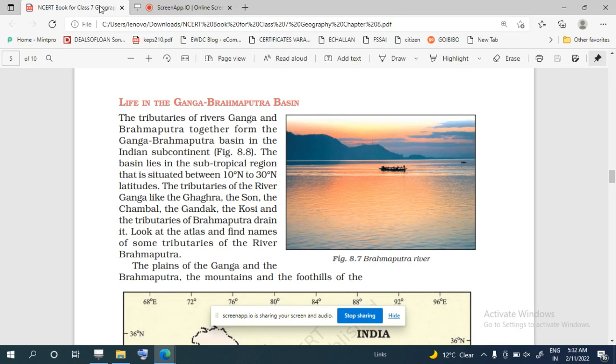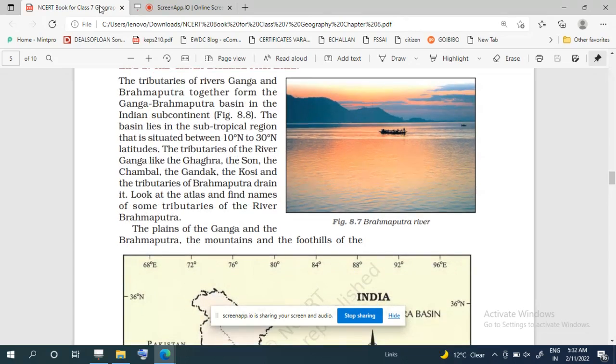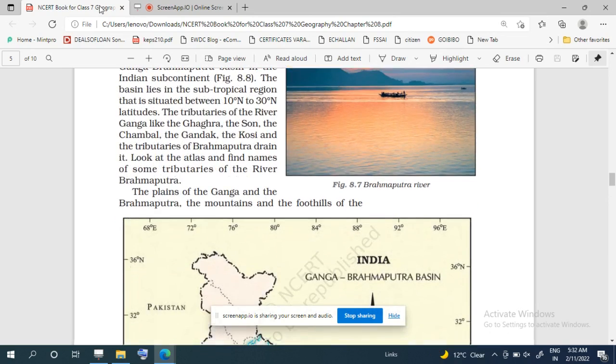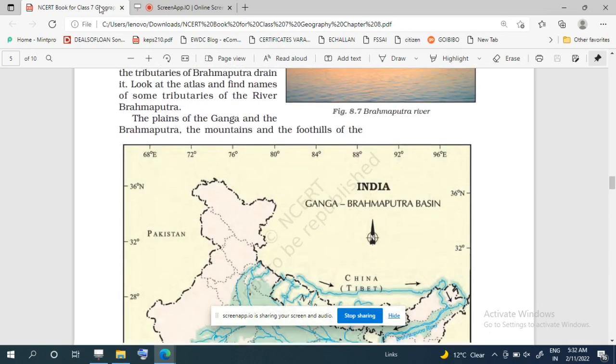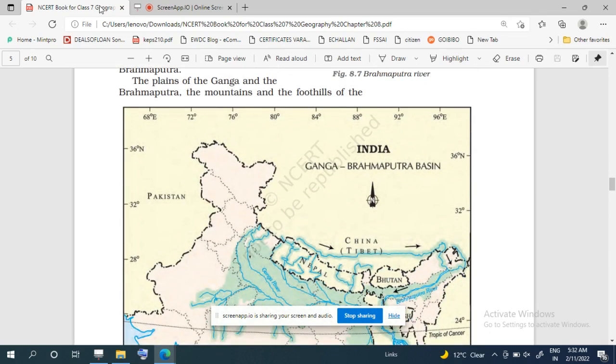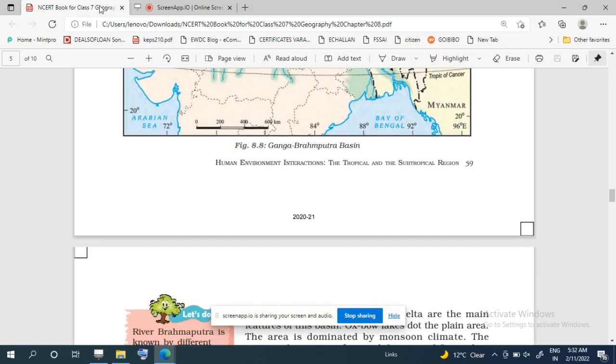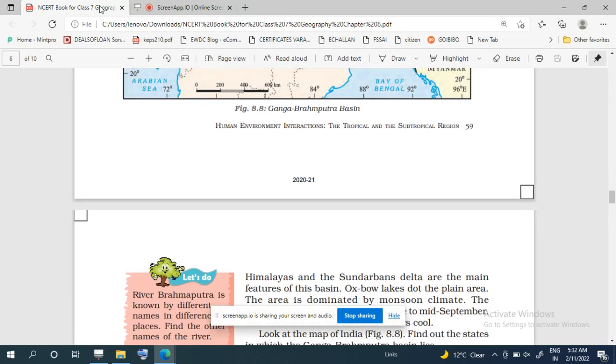And we have also seen that the basin which is formed by Ganga and Brahmaputra and their tributaries is known as Ganga Brahmaputra Basin, and it includes the plains of the Ganga and Brahmaputra, the mountains, and the foothills of Himalayas and the Sundarban Delta. These are the main features of this basin.